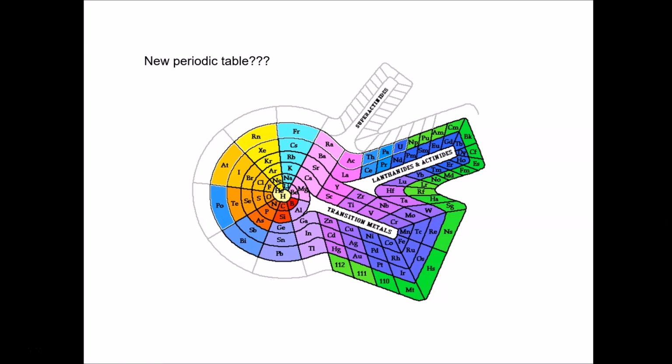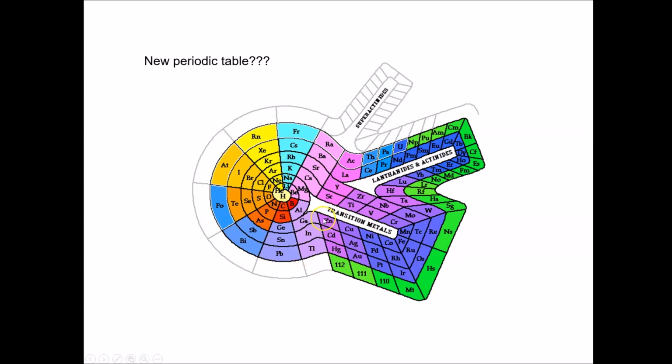I know it looks really weird, but all of the same elements that we have on our periodic table right now and this one are exactly the same. In fact, they have the same groups and the same periods that ours does now. It's just wrapped into a different shape.